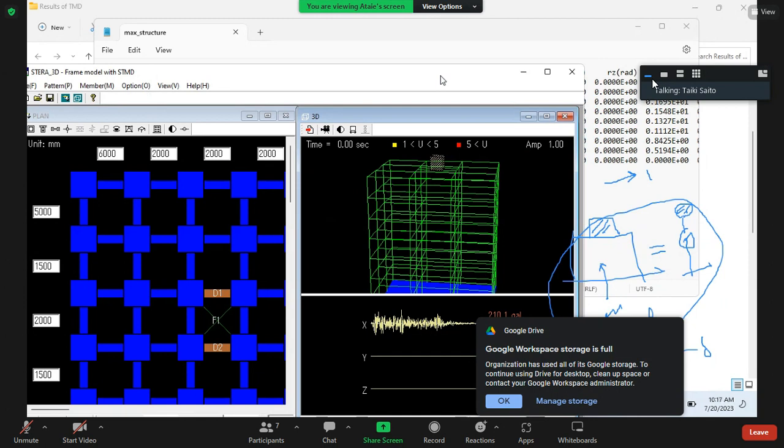So if you still have a difference in results, maybe I don't know, but please first check. Please compare frame and lumped mass model only for single story and elastic.